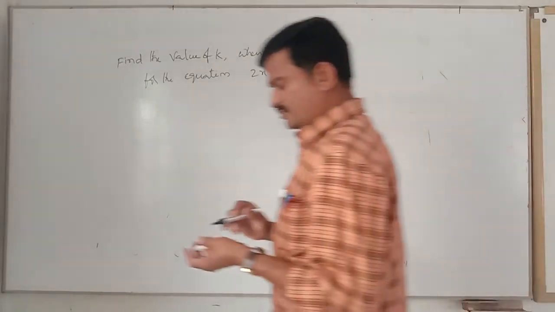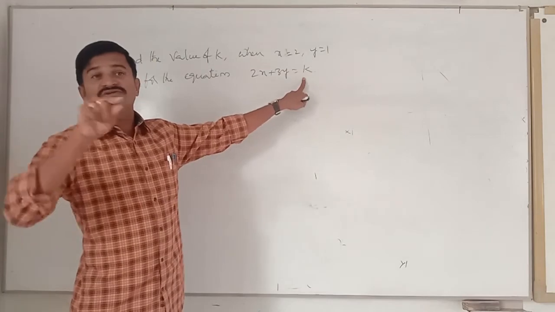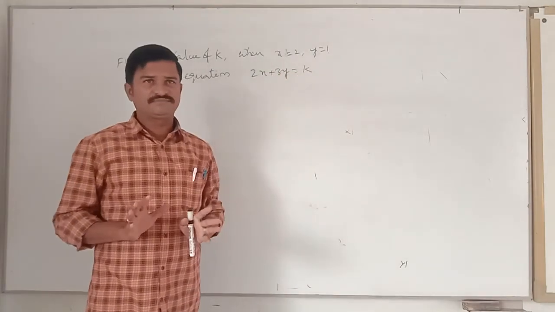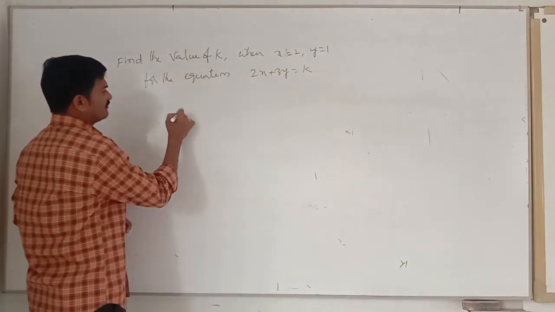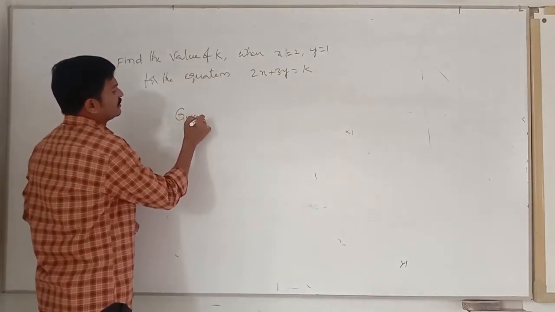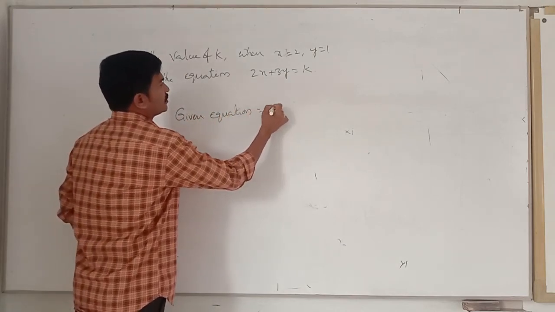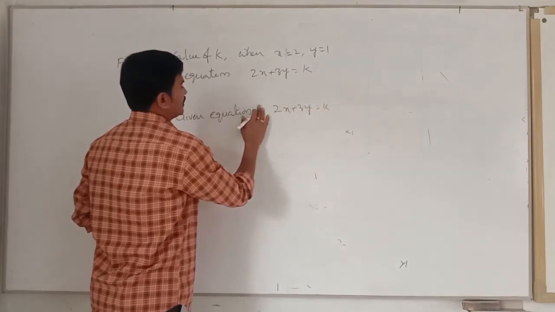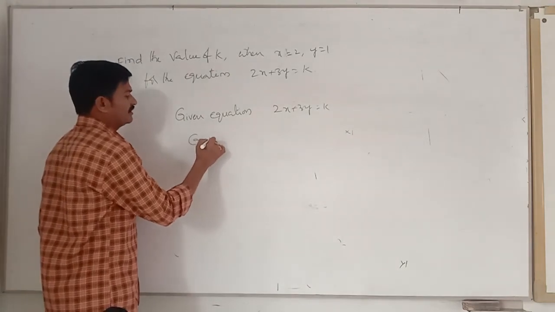Here he is asking to find the value of k when x equals 2 and y equals 1. So first let us write the given equation. What is the given equation, children? 2x plus 3y equals k. And what are the given values of x and y?